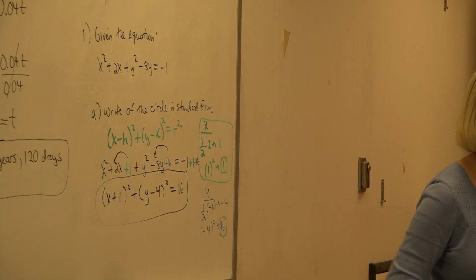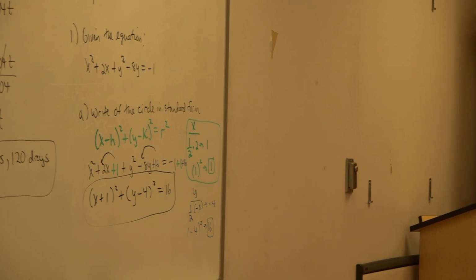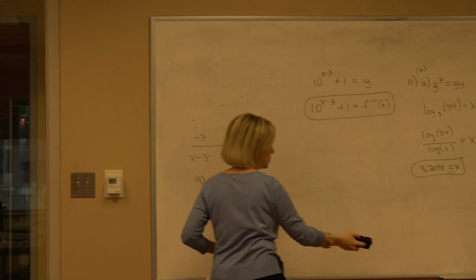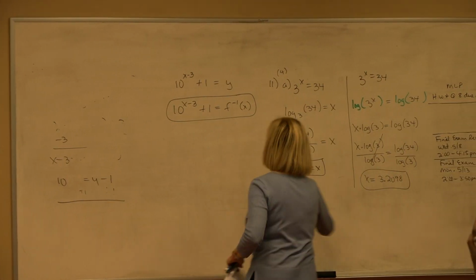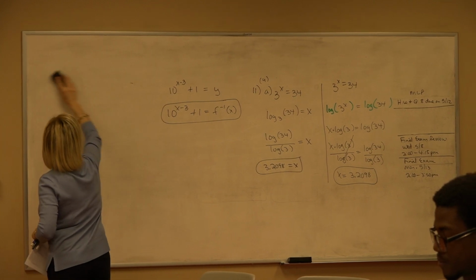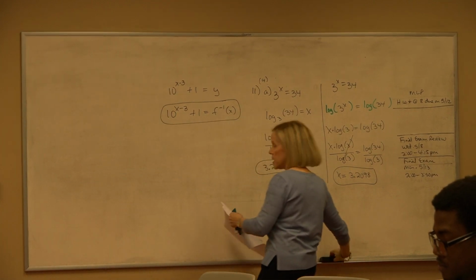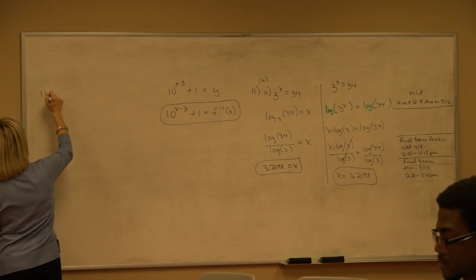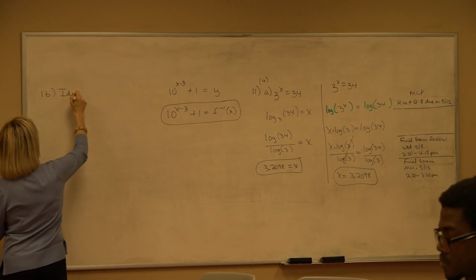I'm going to come over here to graph it, find the center and the radius, and then graph it. Okay, so taking this, question A, I'm going to go to 1B, identify the center and radius.